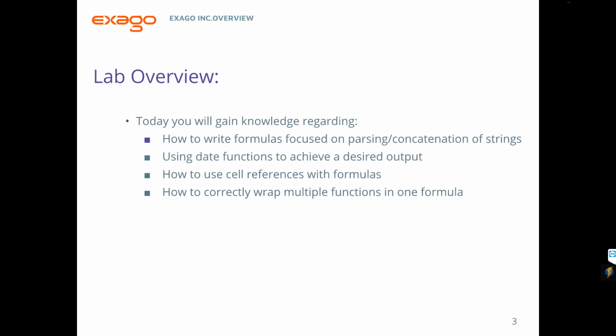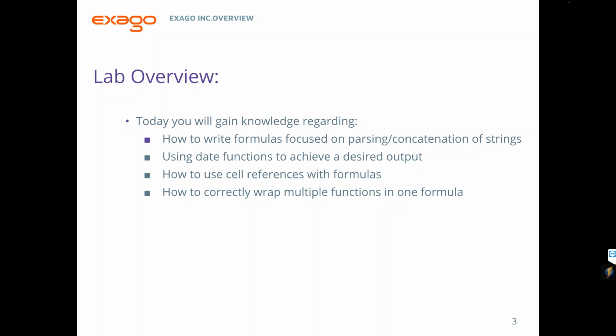Just as an overview, today you're going to walk away from this lab with a little bit more knowledge regarding how to write the formulas that are focused on the parsing or concatenation of strings. We're going to show you how to use date functions to achieve a desired output. Of course, achieve a desired output is a blanket term, but we'll dive into how to really manipulate those date functions correctly.